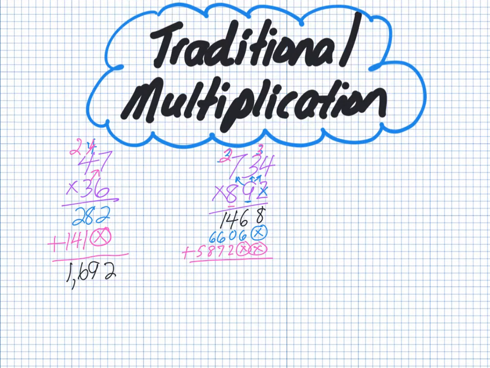Now you'll see the addition on this one is a little tricky, but just take your time. 8, 12, carry the 1, 7, 13 plus 1 is 14, 14 plus 1 is 15, and there you go, that is traditional multiplication.